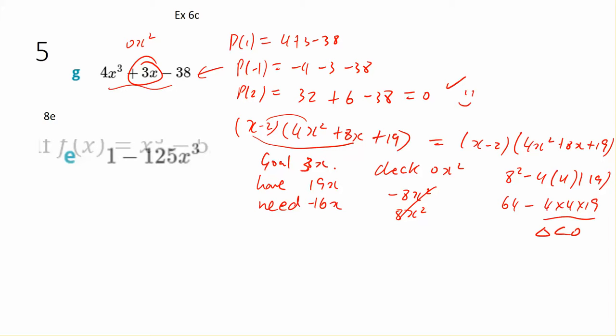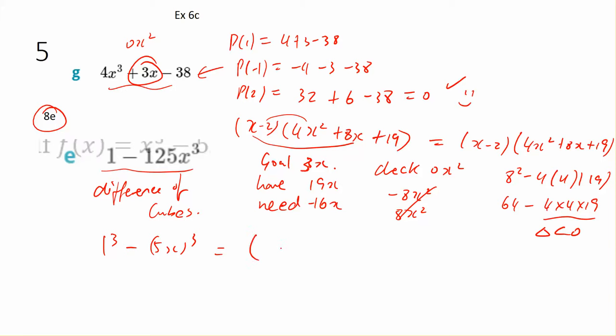For question 8e, this is a difference of cubes. You need to memorize the formula, so go back to your textbook and memorize it. I can rewrite this as 1 cubed minus 5x all cubed.